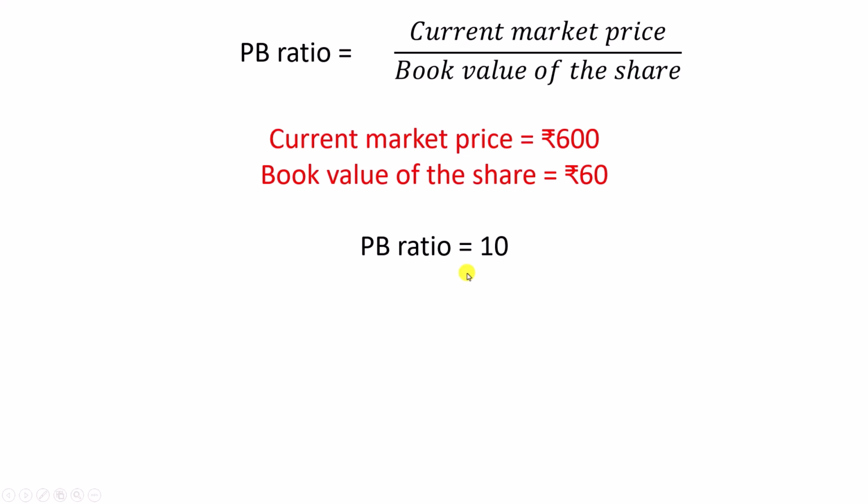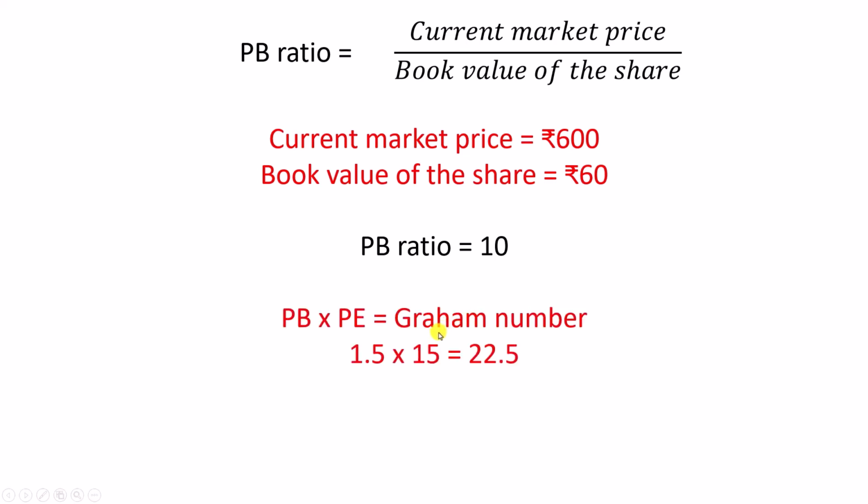When we say small, the question comes, how small? Okay, for that, generally what we use is a number called the Graham number. A person known as Benjamin Graham has given a number, and that number is 22.5.